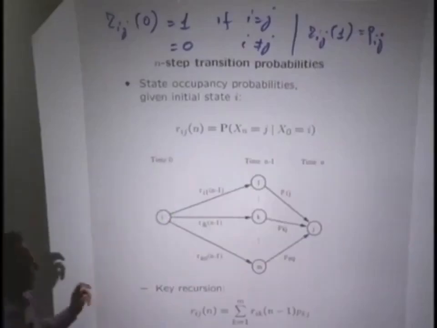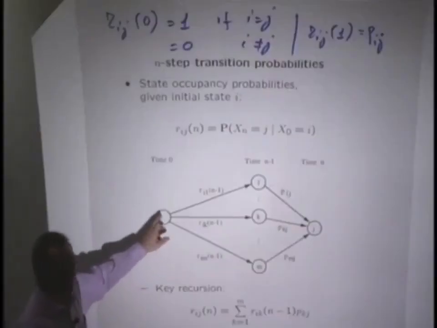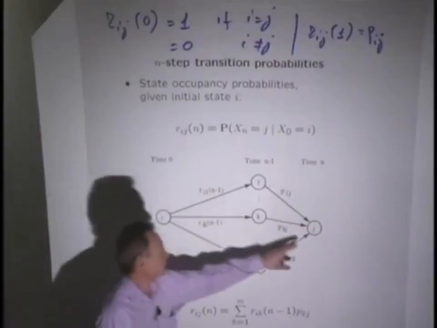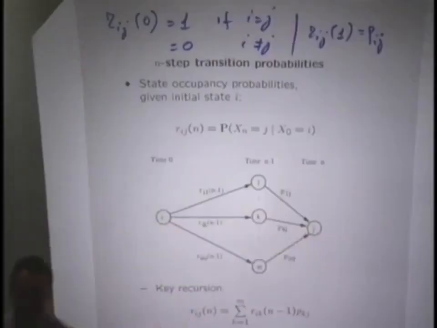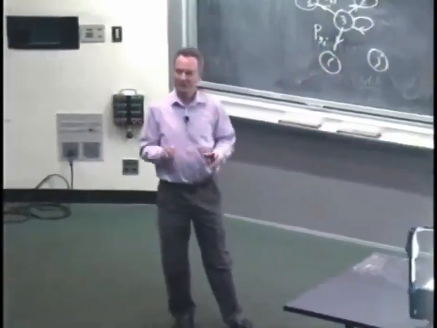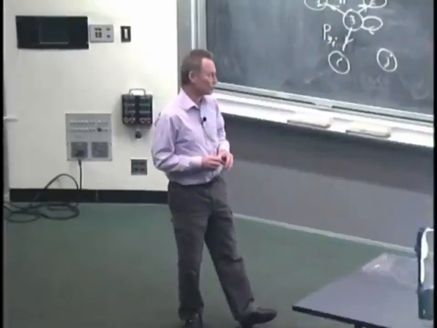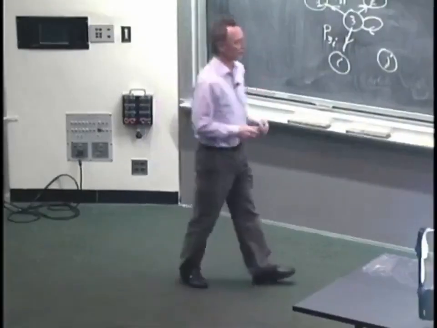So what is the event of interest? The event of interest is the following. At time 0, we start at i. We are interested in landing at time n at a particular state j. Now, this event can happen in several different ways, in lots of different ways, but let us group them into subgroups.